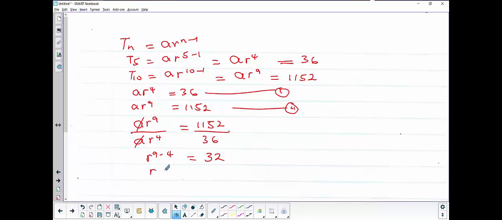So this is r raised to power 5, because 9 minus 4 is 5, equal to 32. r raised to power 5 is the same thing as 2 raised to power 5, because we can write 32 in base 2 as 2 raised to power 5. Automatically the exponent will go for the exponent. Therefore, our r is equal to 2. We need to determine a now, so let us make some space to calculate our a.